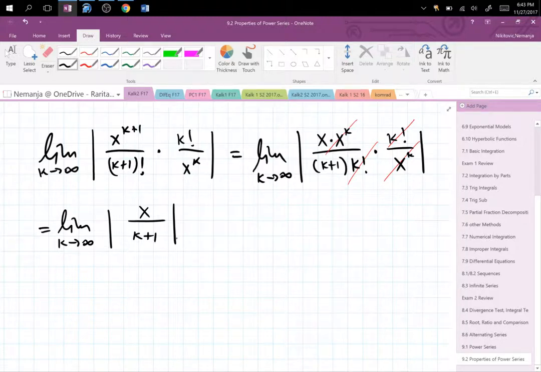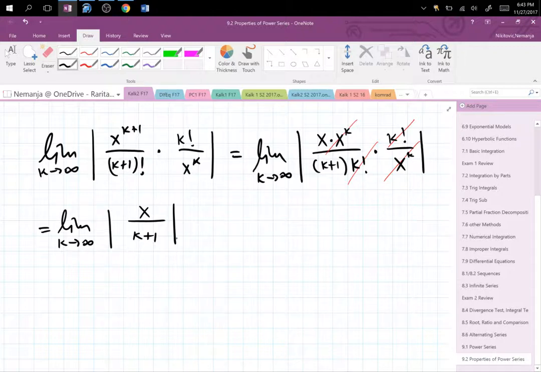Now, the variable in the eyes of the limit is what? k. We are taking the limit with respect to k. So what does that mean with regard to x? What's x? It's a constant. In the eyes of the limit, x is a constant that you get to copy.